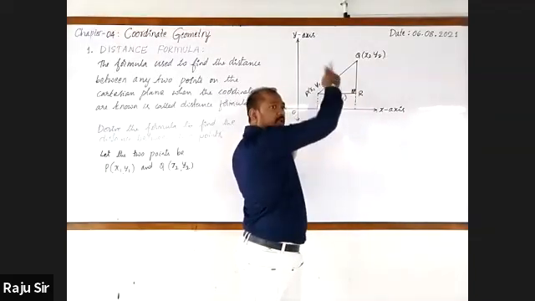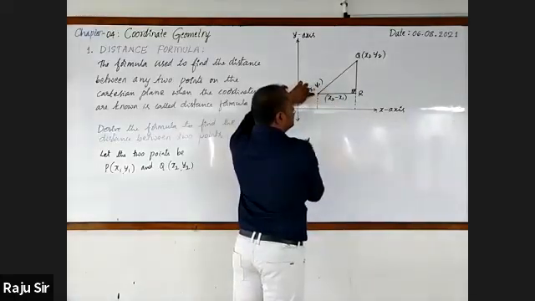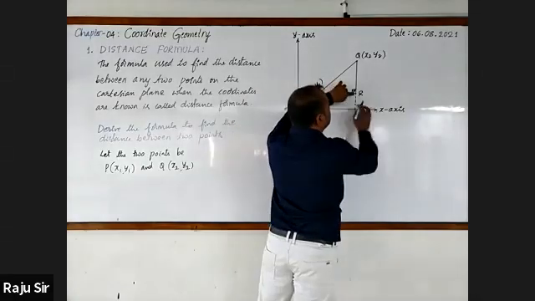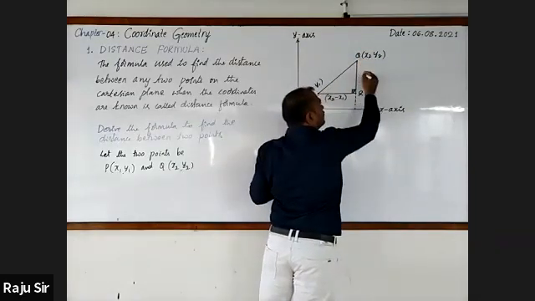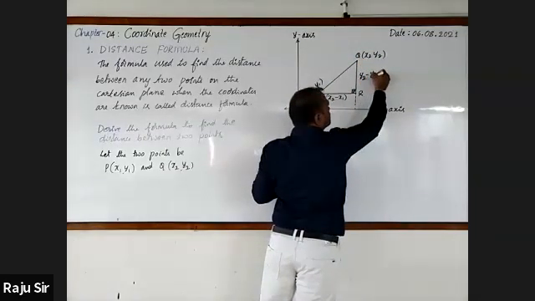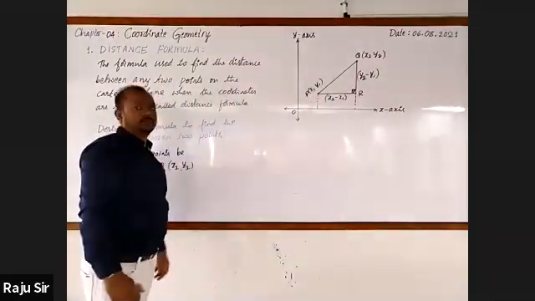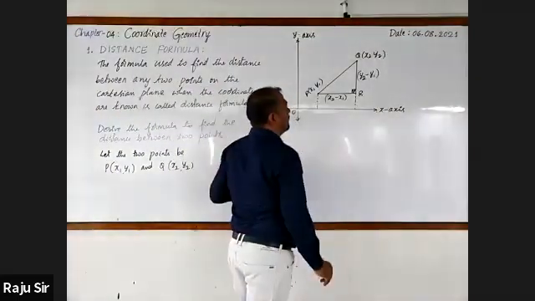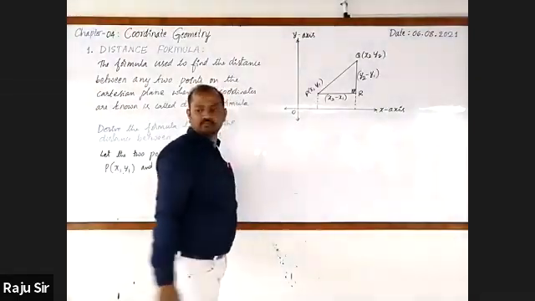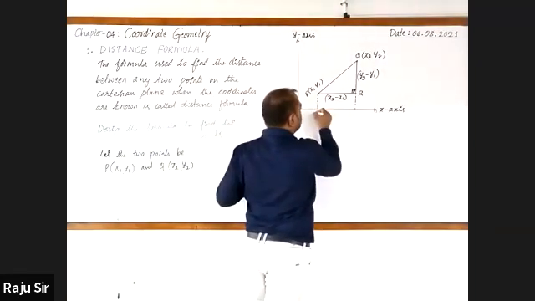The vertical distance: up to here it is y1 and up to here it is y2, so the distance between Q and R is y2 minus y1. If you want, you can name them A and B.